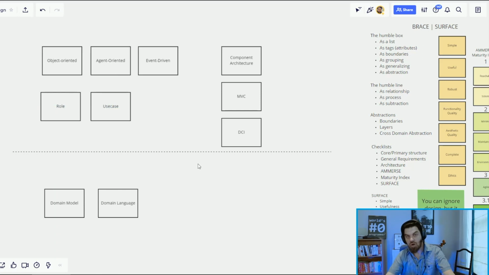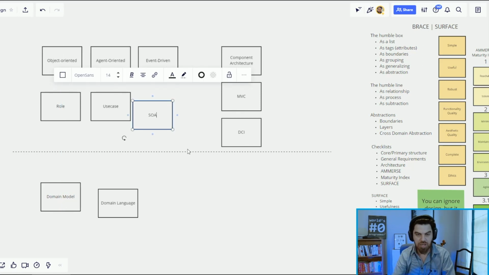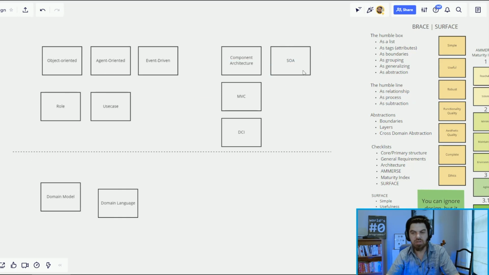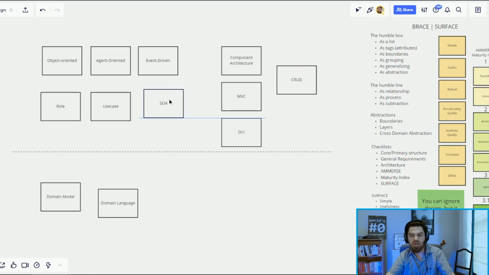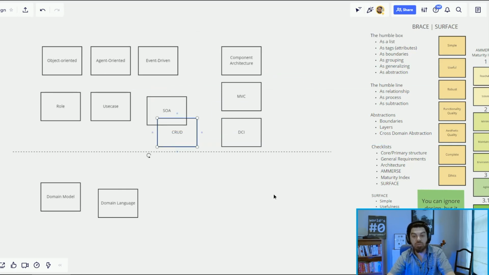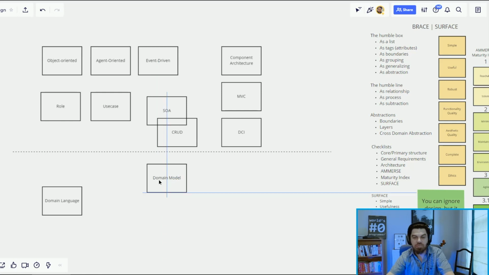So paradigms, if we look at it from this point of view, are also incredibly important for understanding how to design a system. If we look at service-oriented architecture or SOA, or this trend at the moment to use APIs for everything, you could find yourself sitting in a CRUD-like service-oriented architecture, and you have to ask yourself, is that the best way to express a domain model, for example?